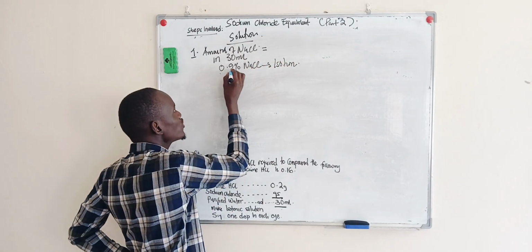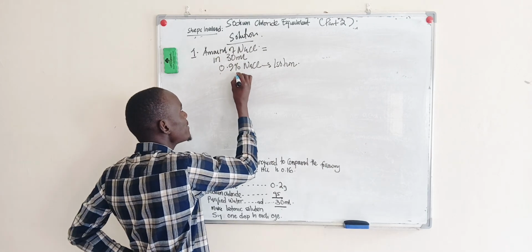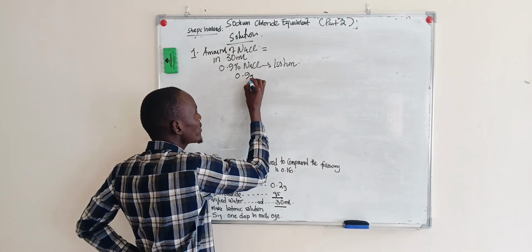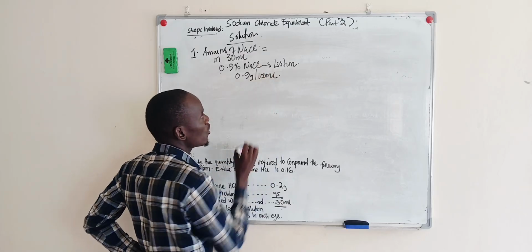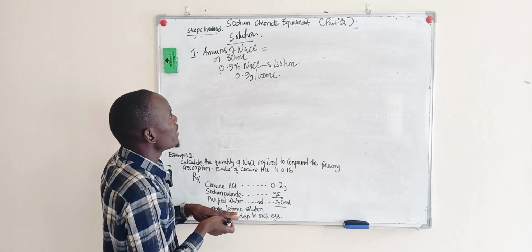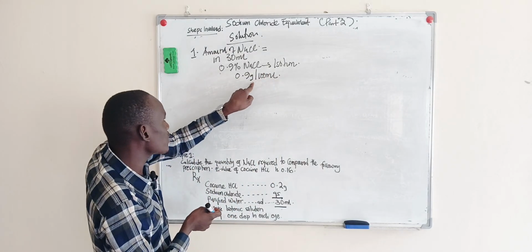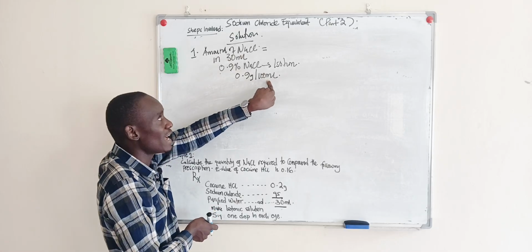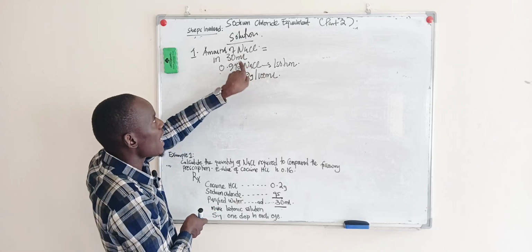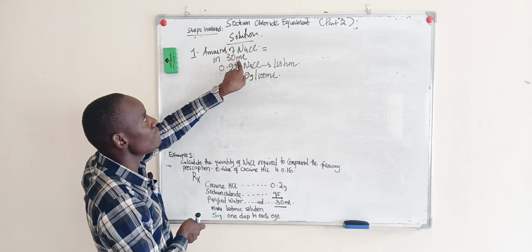And when we say 0.9%, we simply mean 0.9 grams of sodium chloride in 100 mils of the solution. So, if we know that 0.9 grams of sodium chloride is in 100 mils of the solution, how about the 30 mils?